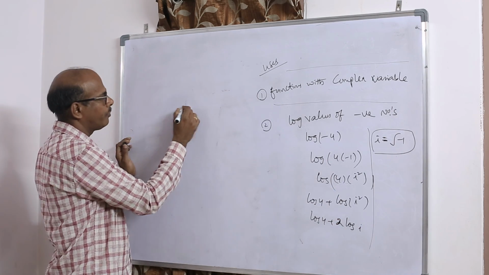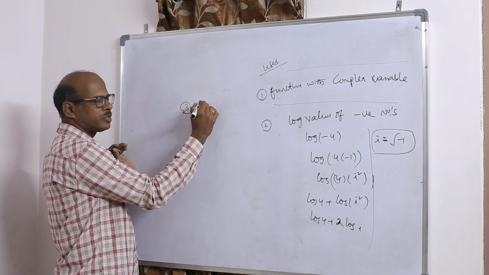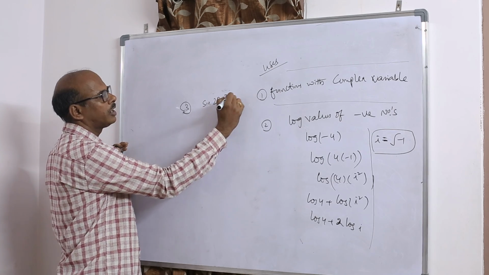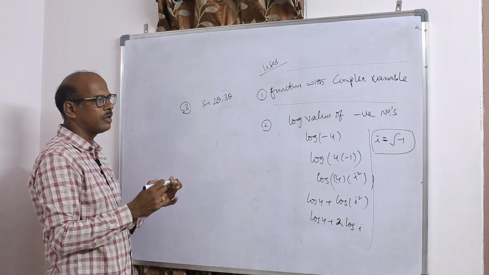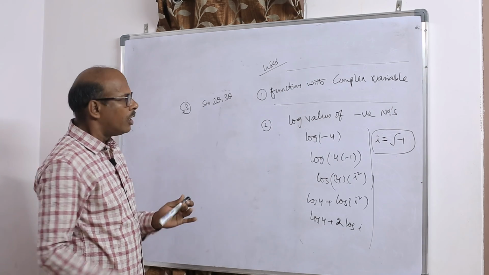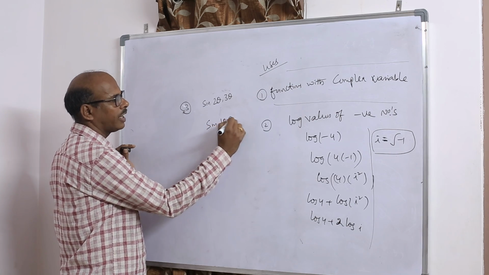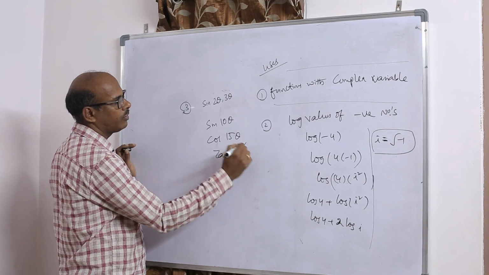Not only here, also in trigonometric expansions. In trigonometry, the student knows sin 2 theta, 3 theta, cos 3 theta, tan 3 theta. But by knowing complex numbers and De Moivre's theorem, in the trigonometric expansion chapter, the student can determine sin 10 theta, cos 15 theta, or tan 7 theta in expansions.